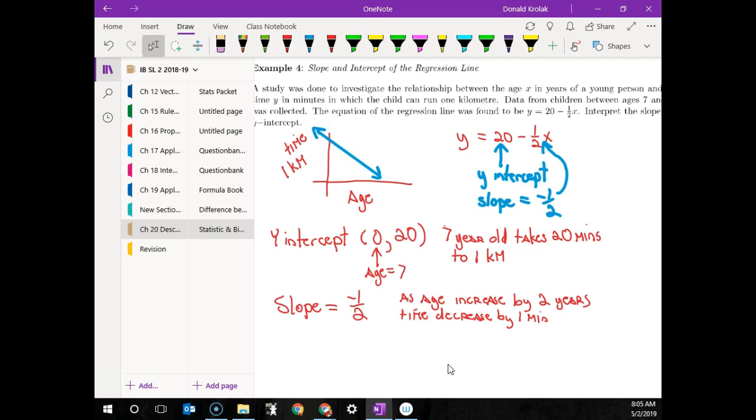Or better yet, per year, every year their time improves, or they get half a minute faster.